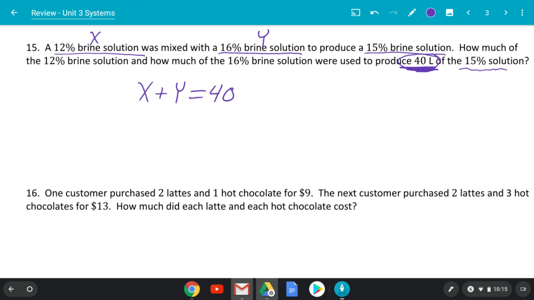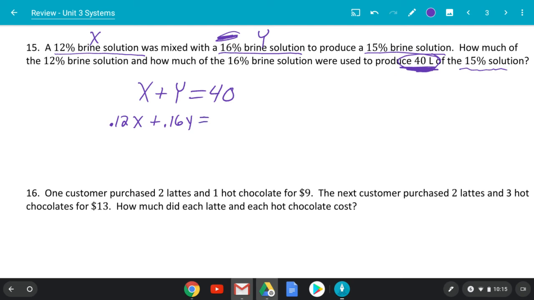And I'll tell you, on the majority of these mixture problems, that's what one of them looks like. It's not always, but the majority of the time you end up with X plus Y equals the total amount you had. Okay? So now, this X value only has 12% brine. So that's going to be 0.12X. And then this second one has 0.16Y.